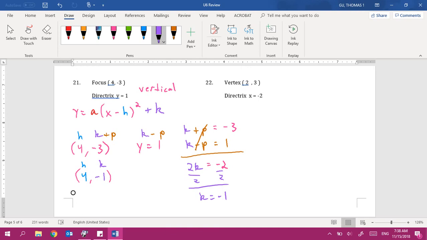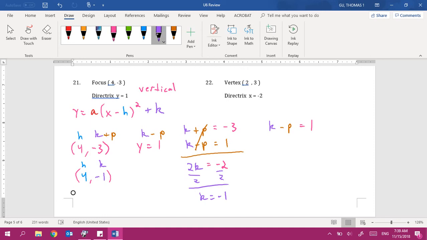So what equation do you want to write to solve for p? y equals k minus p. You're not going to use the y. You just use k minus p and the number that's under it. So k minus p equals 1, right? There's no y there.